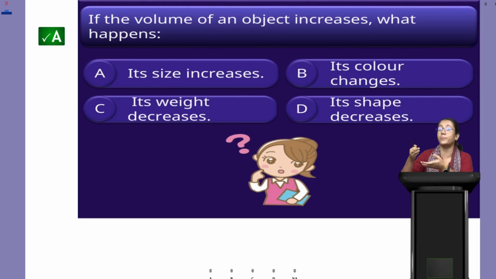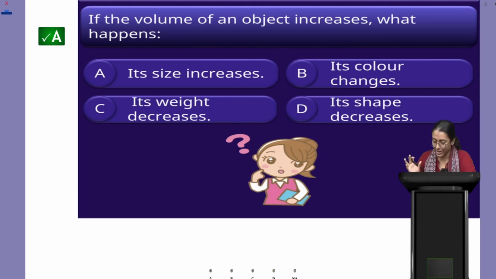So similarly, the volume of your book will also be more than the volume of your pen, as the book is capturing more space than the pen, right? So if we are increasing the volume, that means its size is also increasing, isn't it? So our correct option will be option A, its size increases.